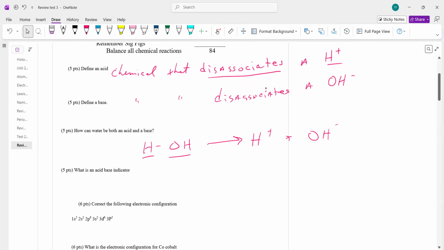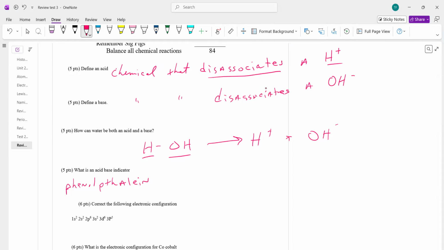What's an acid-base indicator? Phenolphthalein. You don't need to know the name of it, but that's the most common one in use. 99% of acid-base indicators used are phenolphthalein.